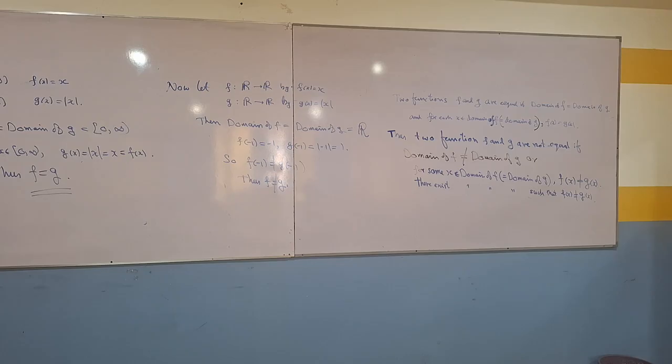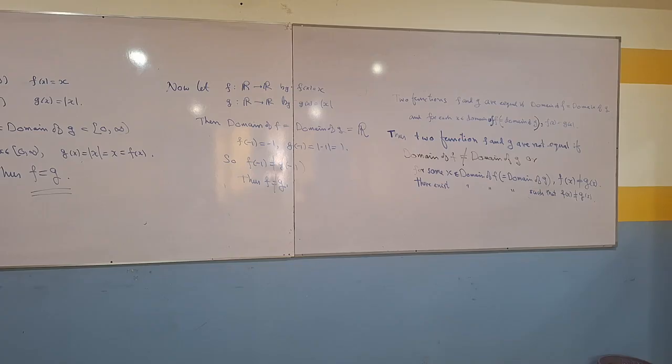Two functions are equal if they have the same domain, domain of f equals domain of g, and for each x belongs to domain of f, f(x) equals g(x). Thus two functions f and g are not equal if, as you said, domain of f is not equal to domain of g, or for some x belongs to domain of f, f(x) not equal to g(x).